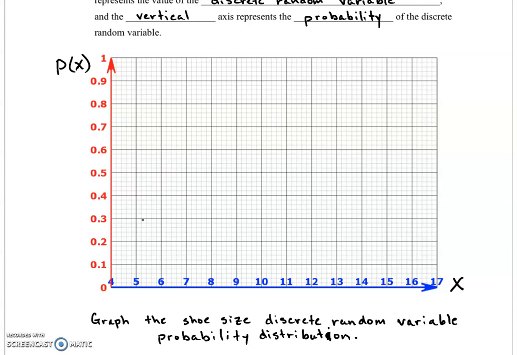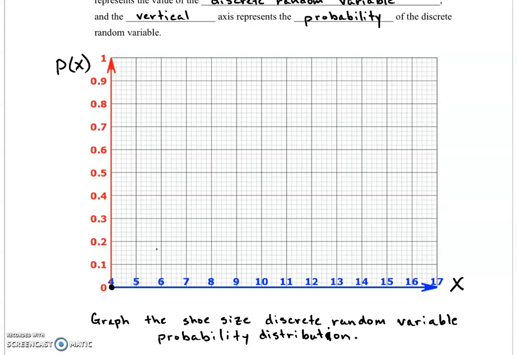Let's see if I can make it where we can see it. So if we go back to our data, the probability of a shoe size of 4 was 0. Whoa, that's a little bit too big. Sorry, let me get something a little bit more reasonable. So there's the probability of 4. The probability of a shoe size of 5 was 0.04.